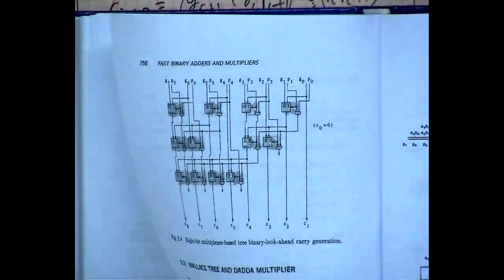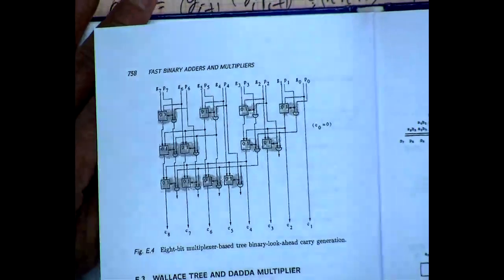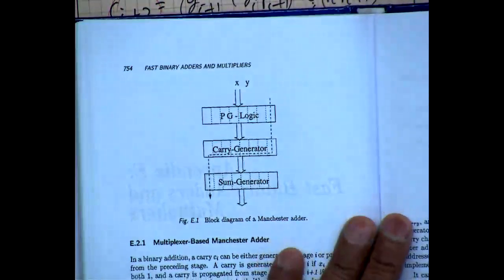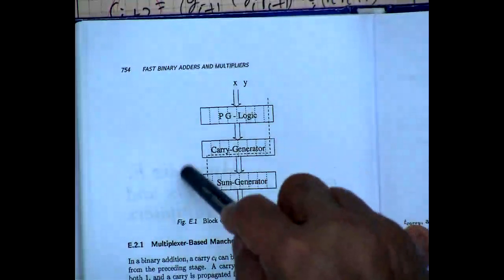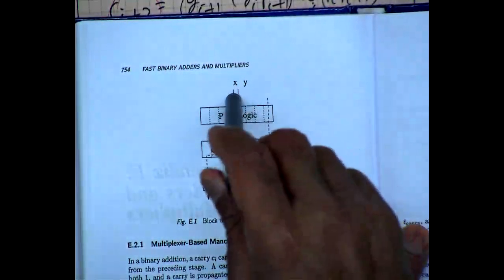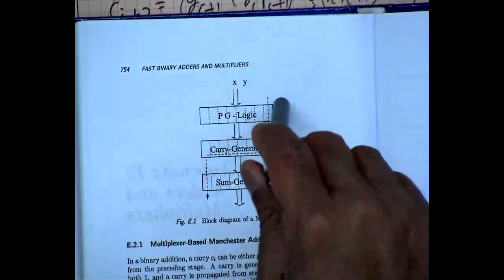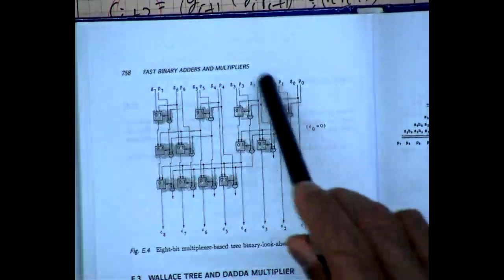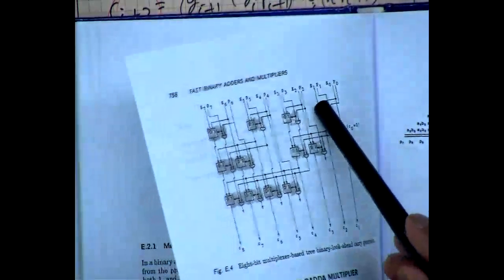Why are we showing the carry generator circuit? Because the sum can be computed as soon as carry is generated. So the configuration of the adder is we take x and y, we compute p and g, and we compute the carry generator. That's what I'm showing here.